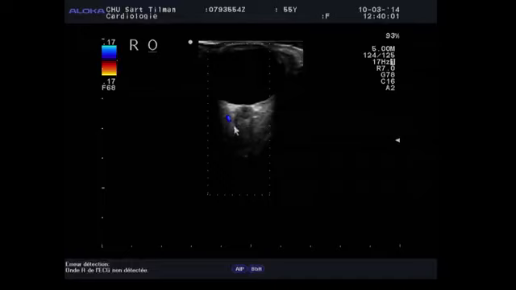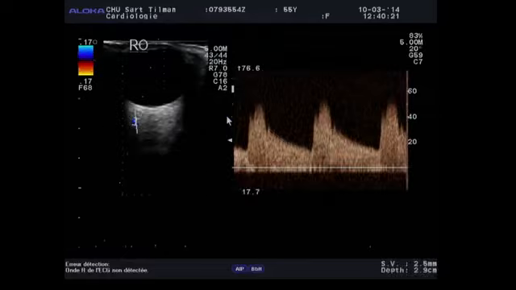The blood flow goes to the eyeball, and it's blue, it's normal. Here is the flow, with the peak systolic flow about 50 centimeters per second. It's a bit high, but probably because there's a severe stenosis on the other side.